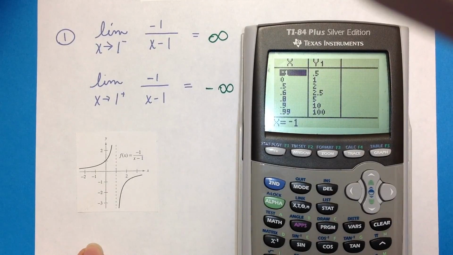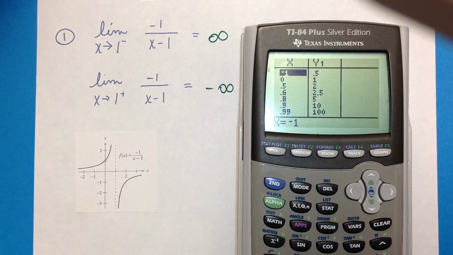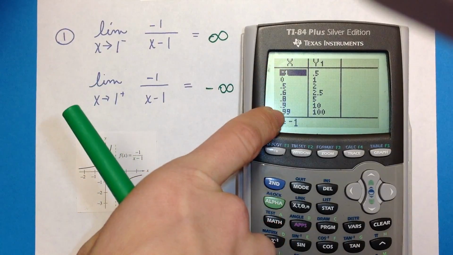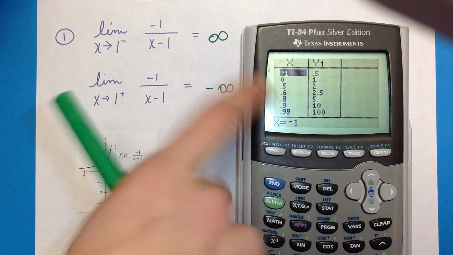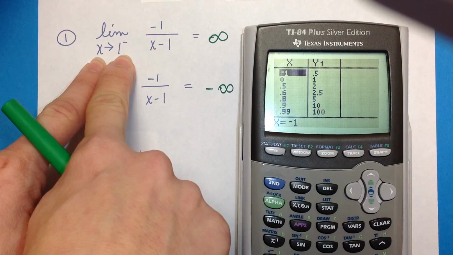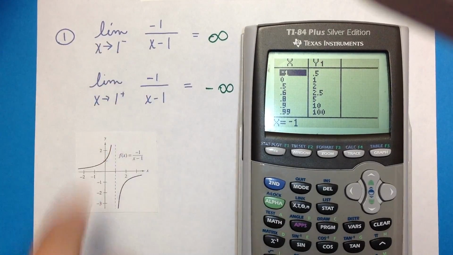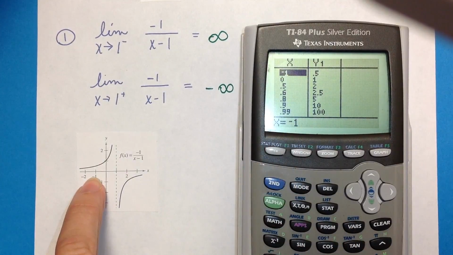What I've done, and I've already filled this in, I put the table in ask mode like we had done earlier in filling in those tables, and I've already substituted in these values. Now, these values would represent this portion of the limit when you're looking from the left side of 1. So I went to the left side of 1, and I started with negative 1, which you've got the graph right here we can look at. So you see that at negative 1, your value is a half.